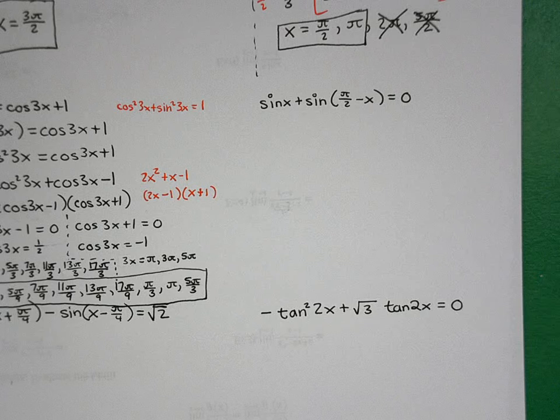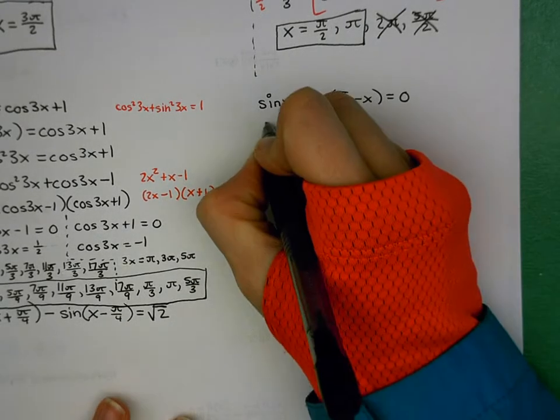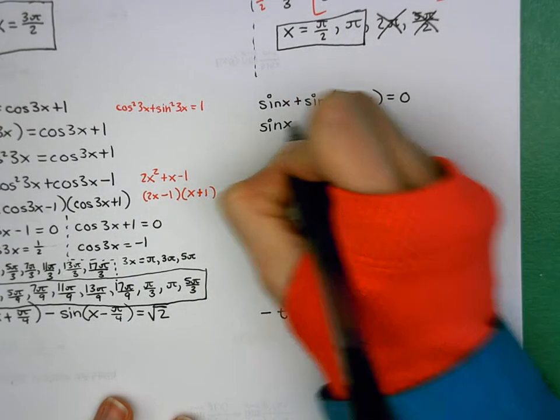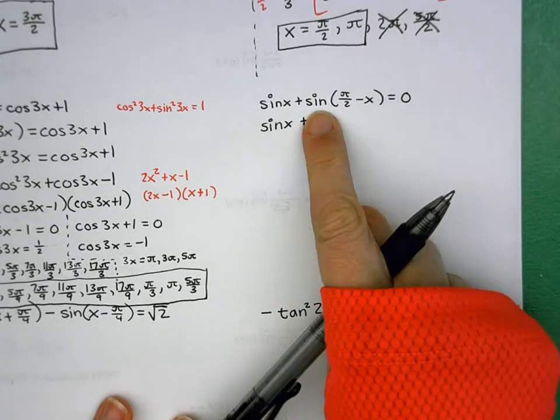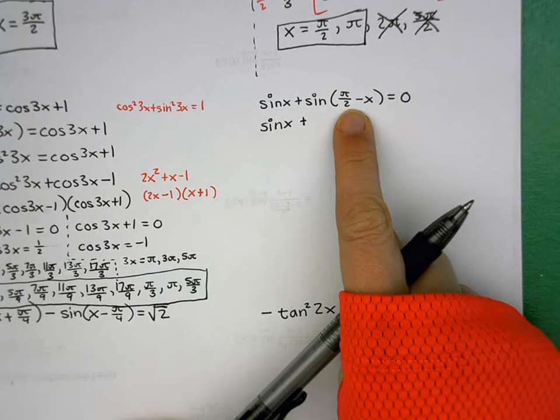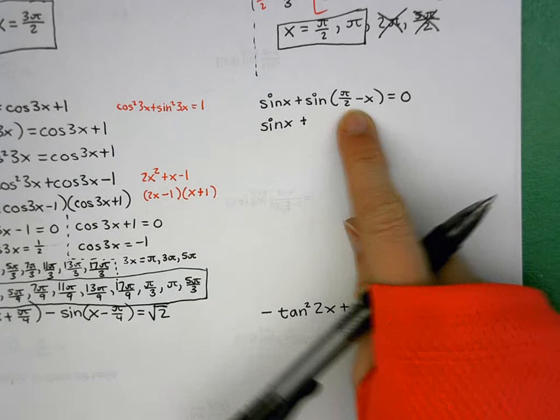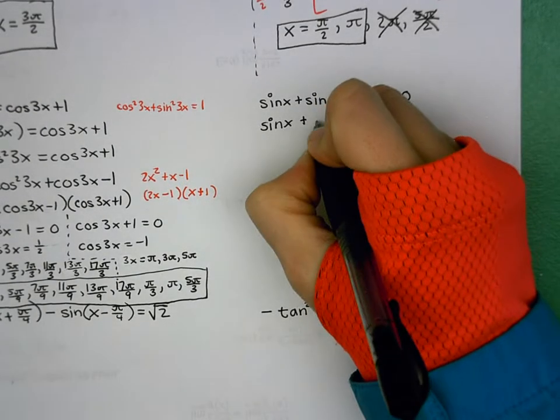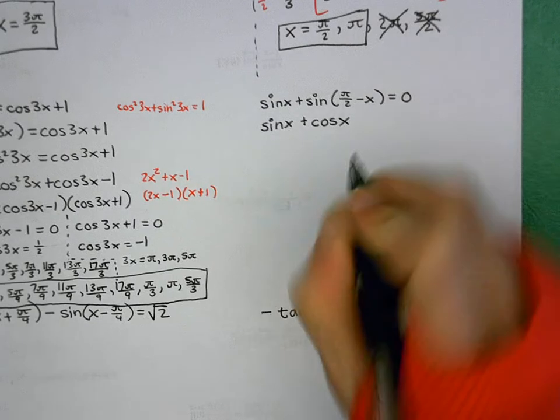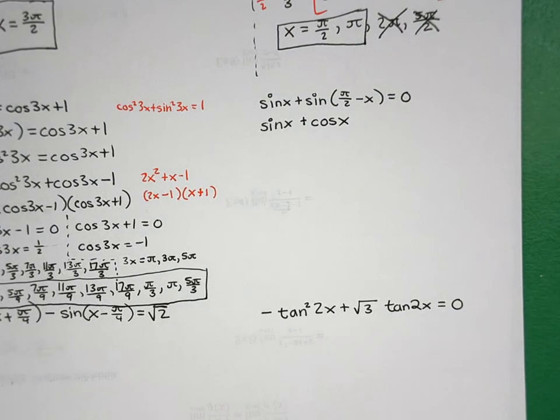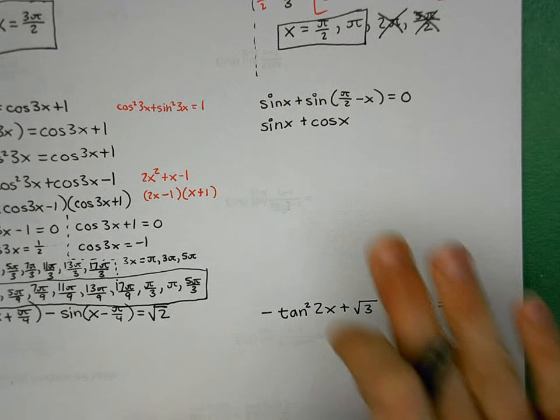But for those who recognize this identity, sine of pi over 2 minus x, if you look in your objective 3 notes, is cosine of x there. In your notes we call it theta, not x, but right, sine of pi over 2 minus theta equals cosine theta. And so we can simplify there.